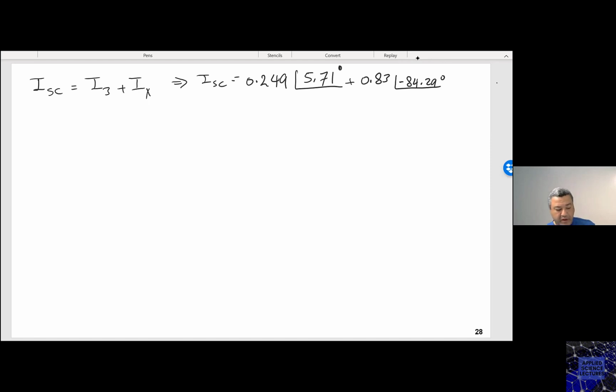Okay. I short circuit is the summation of those two. So now I have to go to the rectangular form.